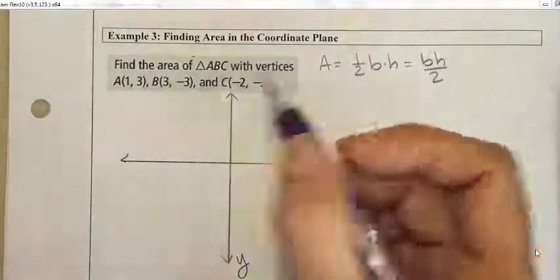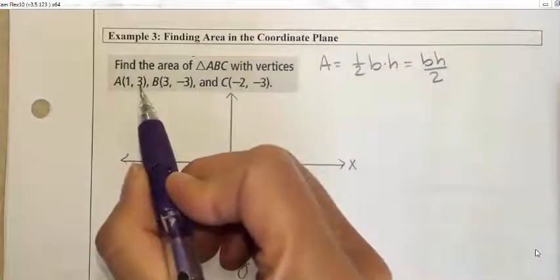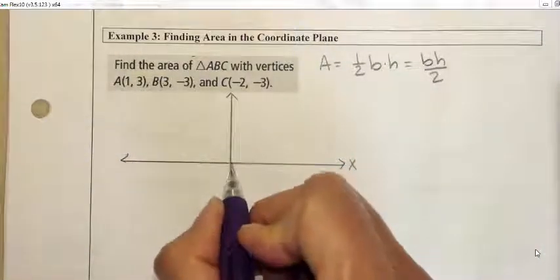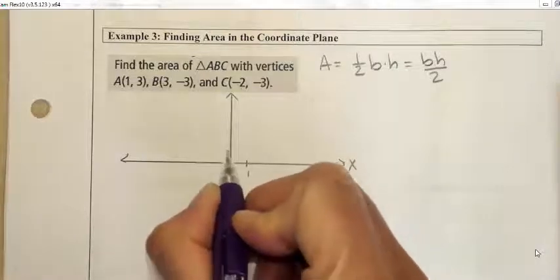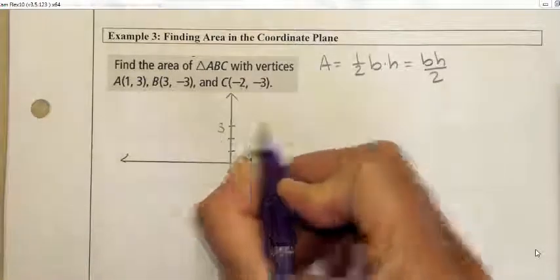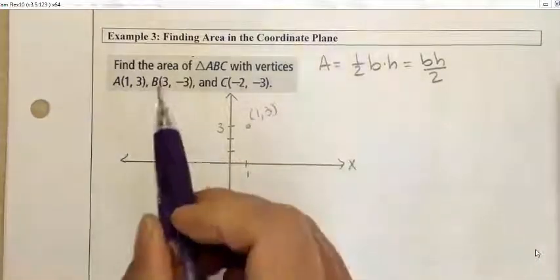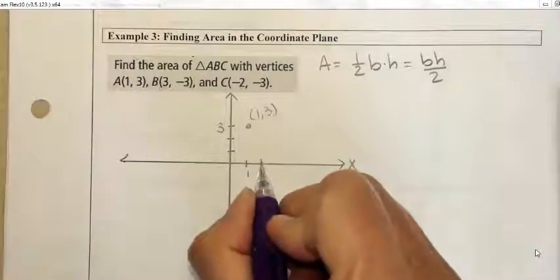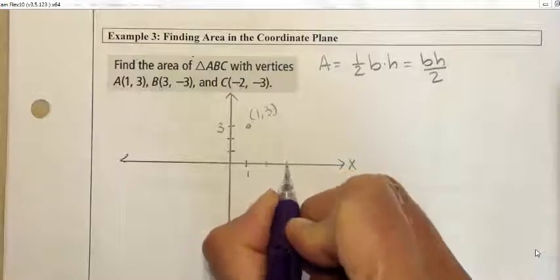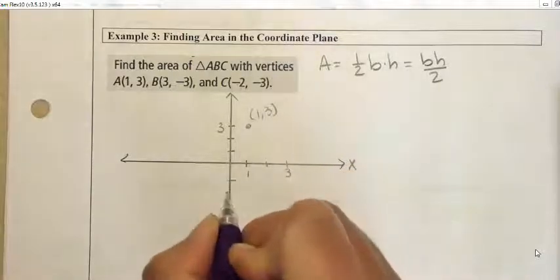Okay, so I'm going to go back. Let's see, for A, sorry. I'm going to start at the origin. I'm going to go over 1 and up 3. So A is the point 1, 3. B is the point 3, negative 3. So I'm going to go 1, 2, 3, and then down 1, 2, 3.